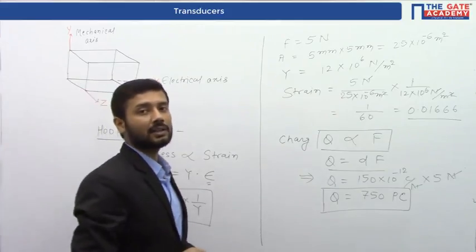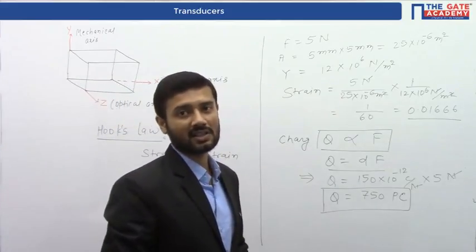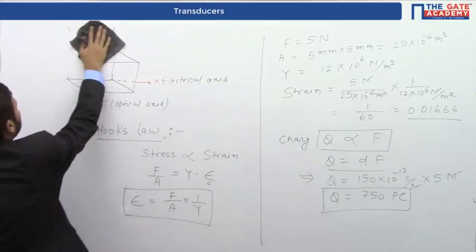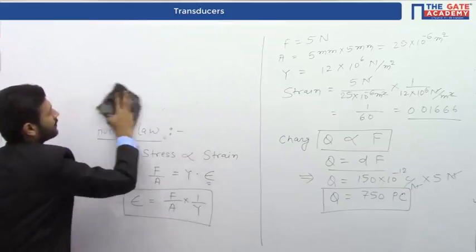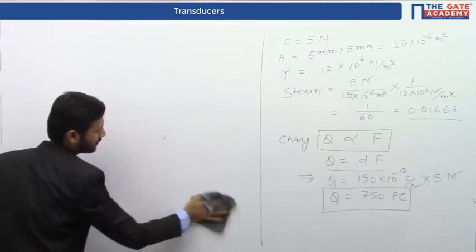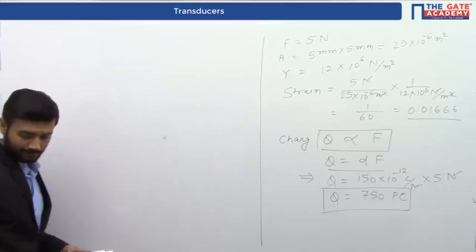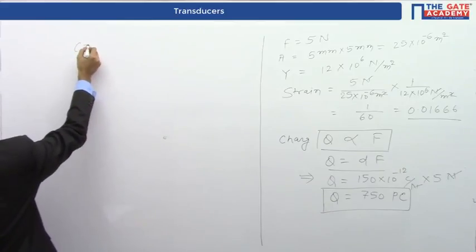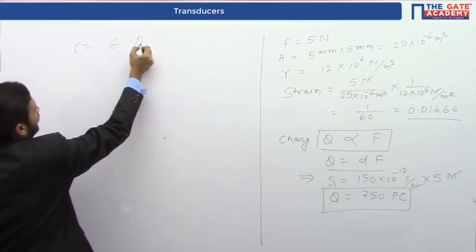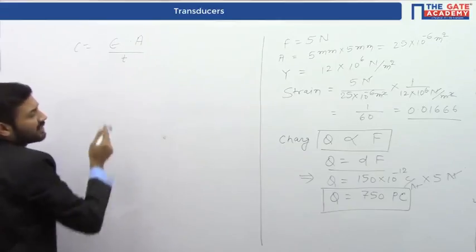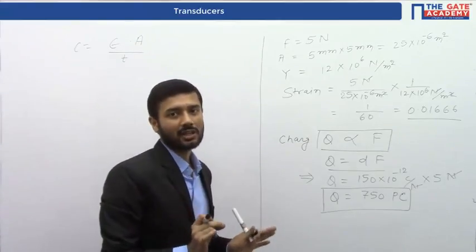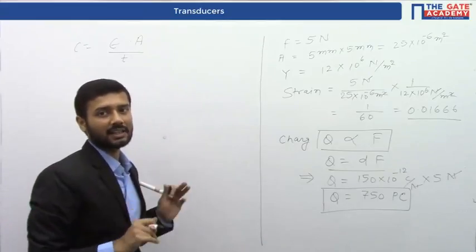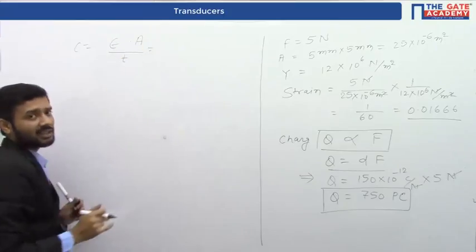Now we have to find the capacitance value, and we know the capacitance formula is C equals epsilon into A by thickness T, where epsilon is the permittivity of barium titanate, and all values are given in the question.